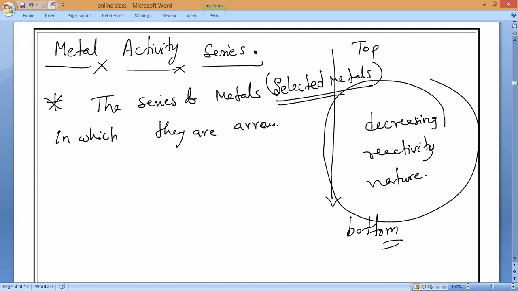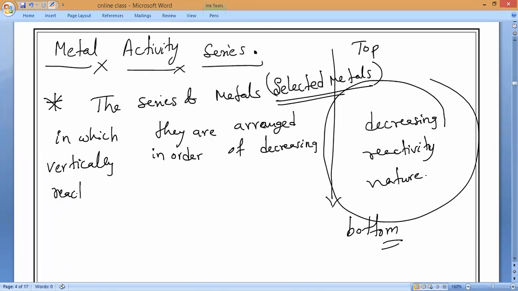How are they arranged, guys? They are arranged vertically in order of decreasing or increasing? Decreasing reactivity.